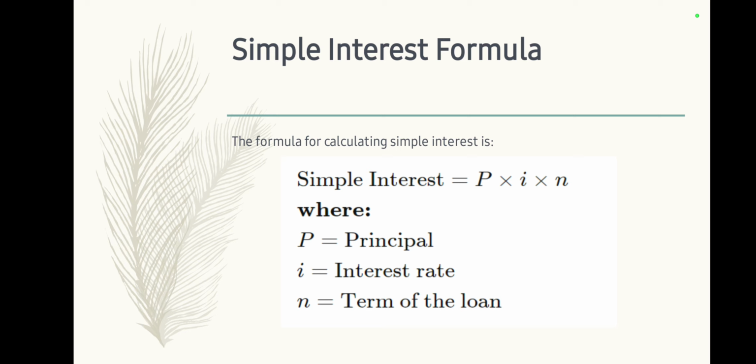For example, if simple interest is charged at 5% on a $10,000 loan that is taken out for 3 years, then the total interest payable by the borrower is $10,000 times 0.05 times 3, which equals $1,500. That's why it's called simple. You just need to multiply the principal, the interest rate, and the years of the loan.